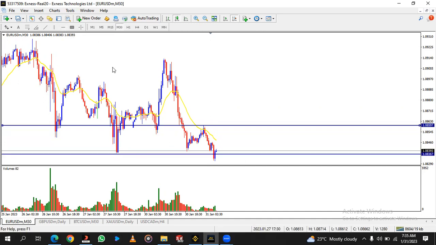So what we're actually looking for, our market structure level, is this. Either we have a break and continuation for price to go back to the top.